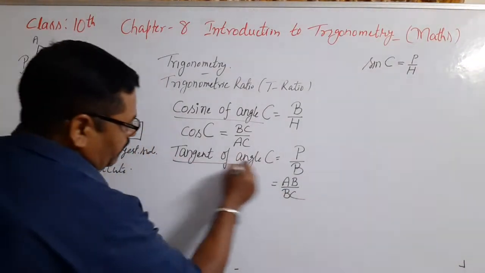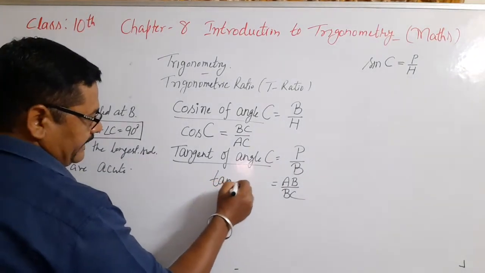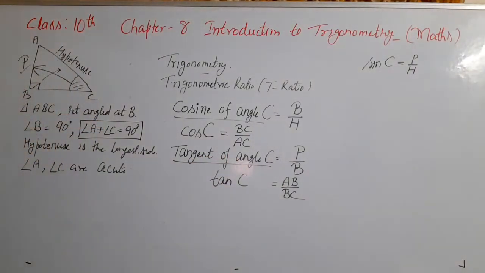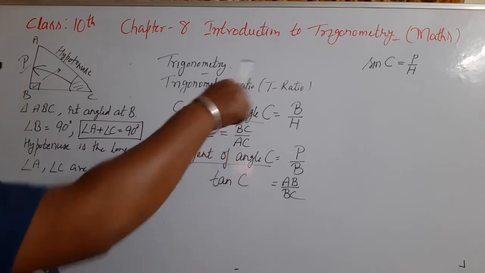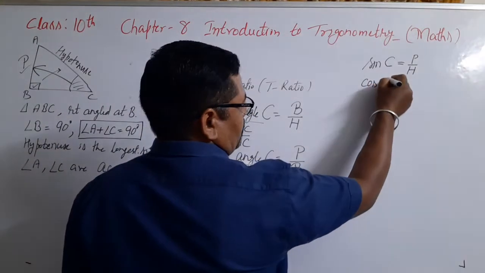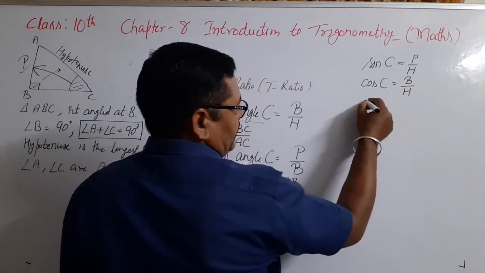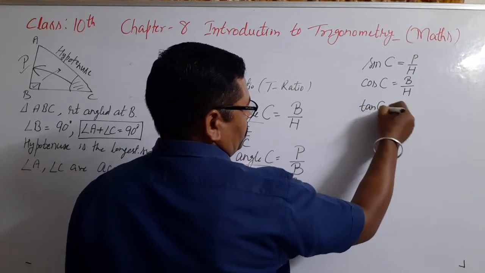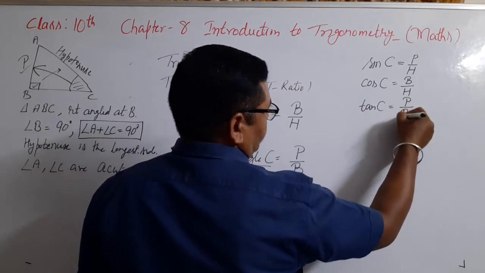And the short form of tangent of angle C is tan C. So these are the first three trigonometric ratios: sin C is P upon H, cos C is B upon H, and tan C is P upon B.